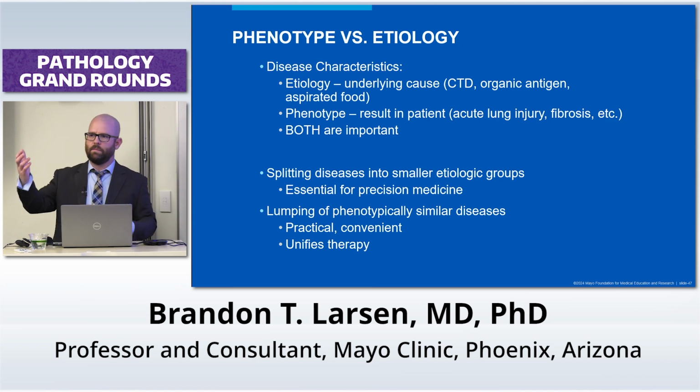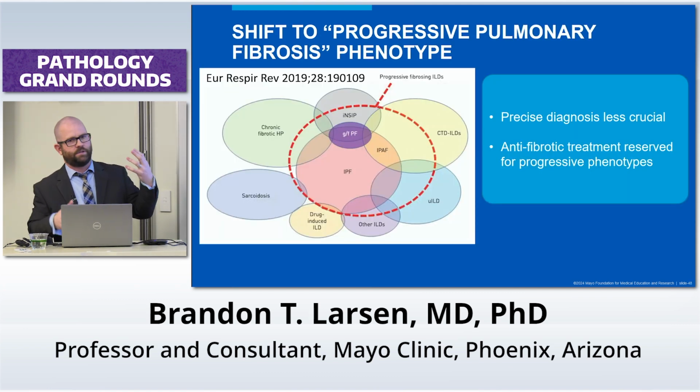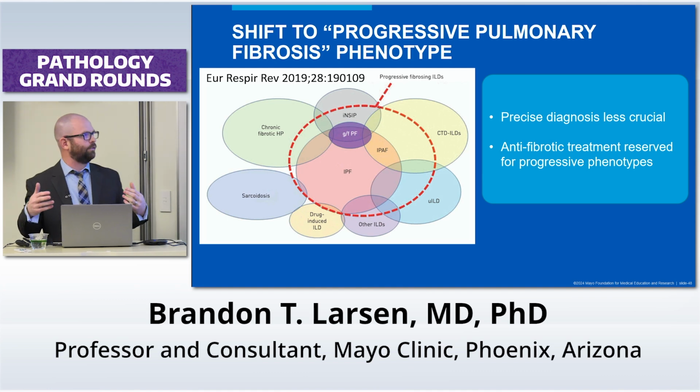So there's always this thing in medicine between the lumpers and the splitters. Are you a lumper? Are you a splitter? When do you lump? When do you split? And in pulmonology, we have been splitting for a while, and there is a current shift towards a lumping mentality with a new disease term, the progressive pulmonary fibrosis phenotype.